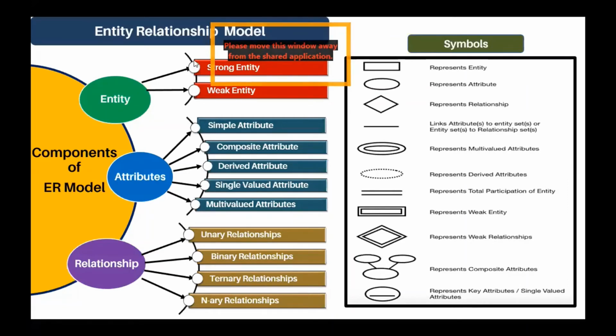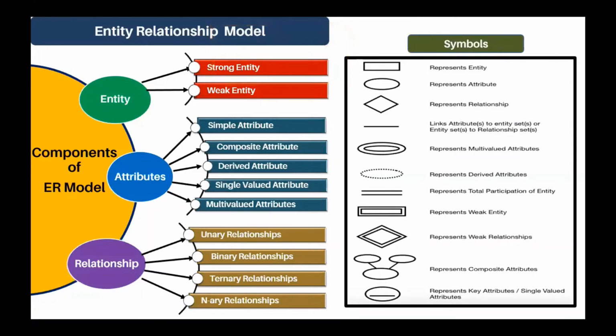Next comes the derived attribute. Suppose I am deriving some value from some given value, for example age can be derived from date of birth. So that becomes my derived attribute, whose value is not actually stored, but it can be derived. Single valued means a single value can be stored in your simple attribute. If in a simple attribute you are storing multiple values, it becomes your multi-valued attribute.